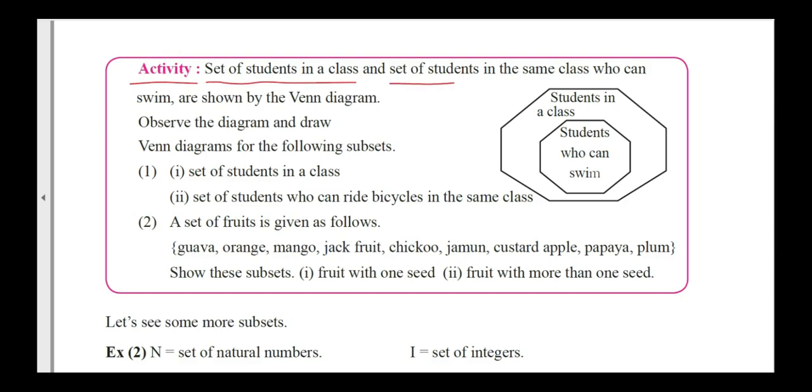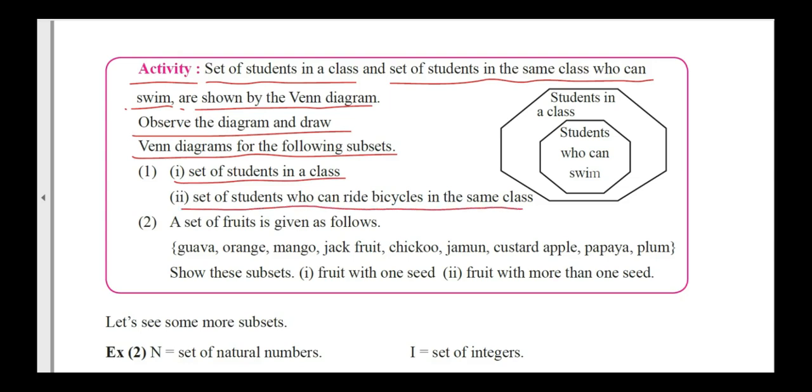The activity: the set of students in a class and the set of students in the same class who can swim are shown by the Venn diagram. Observe the diagram and draw a Venn diagram for the following subsets. The set of students in a class, and the set of students who can ride a bicycle in the same class. A set of fruits is given as follows.